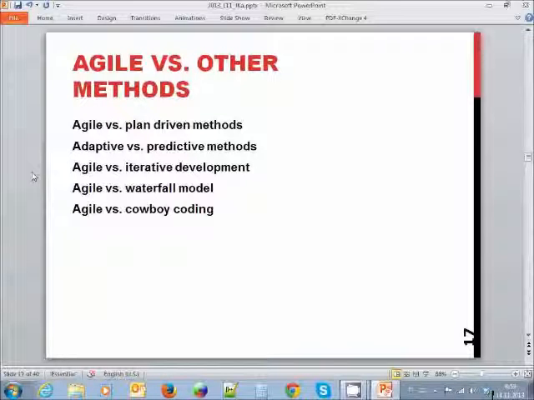Finally, cowboy coding was the software engineering method's answer to the English football national team.